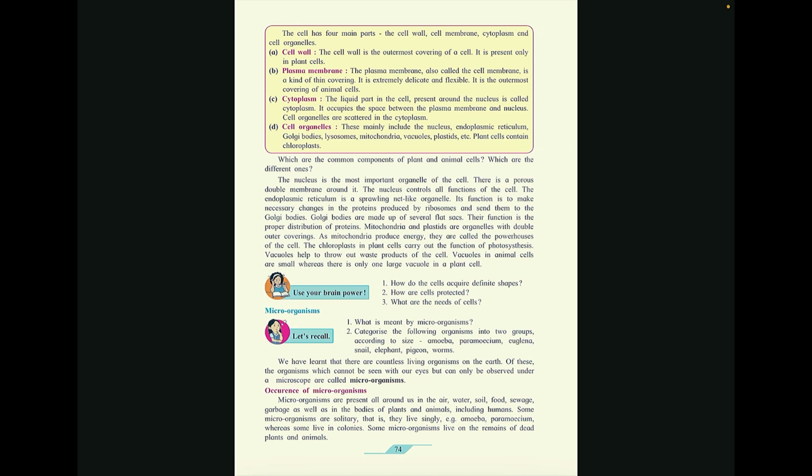Cytoplasm means that liquid present in the cell, which is scattered inside the cell. Okay, then after that, these cell organelles are there. Okay, in our body, there are organs.